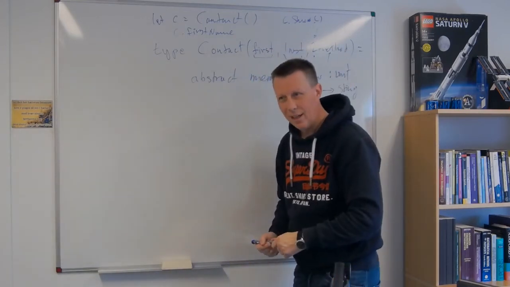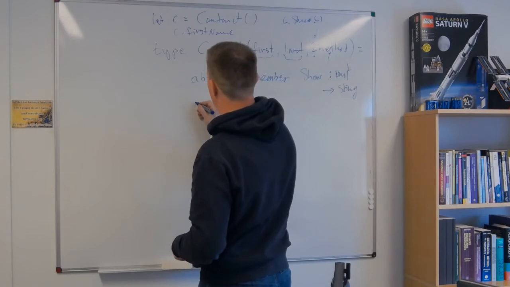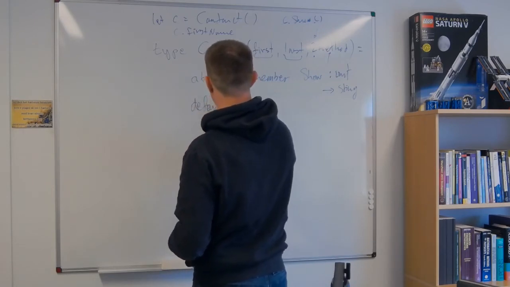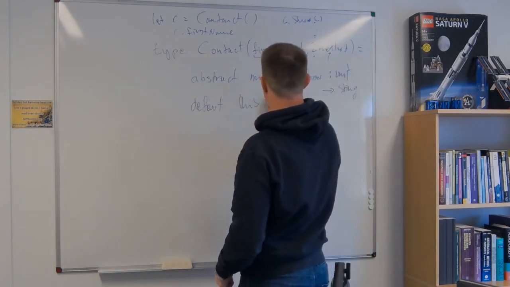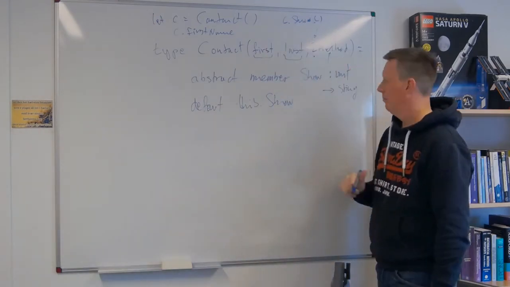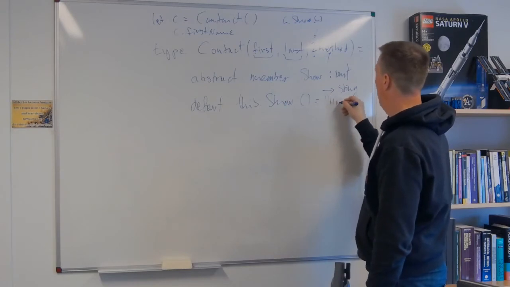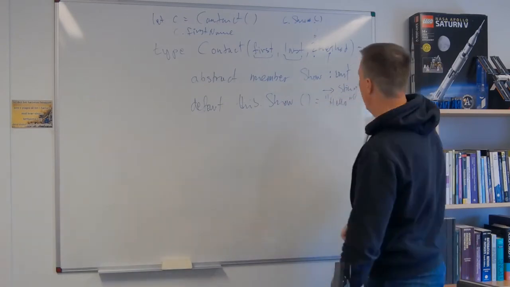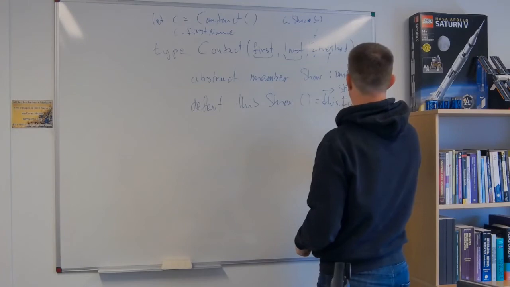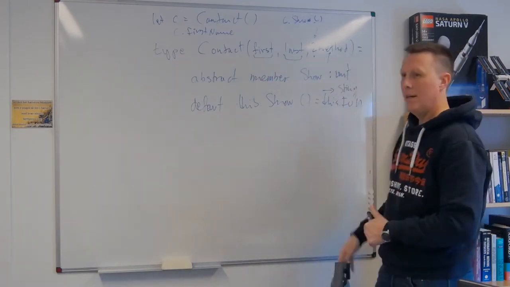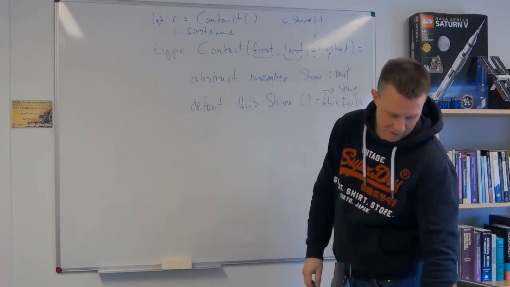But luckily, I can say default this dot show equals hello. That's a little bit boring, but okay. I can just have it say this dot full, which we already implemented, as a member value. So that's my default implementation of this thing.